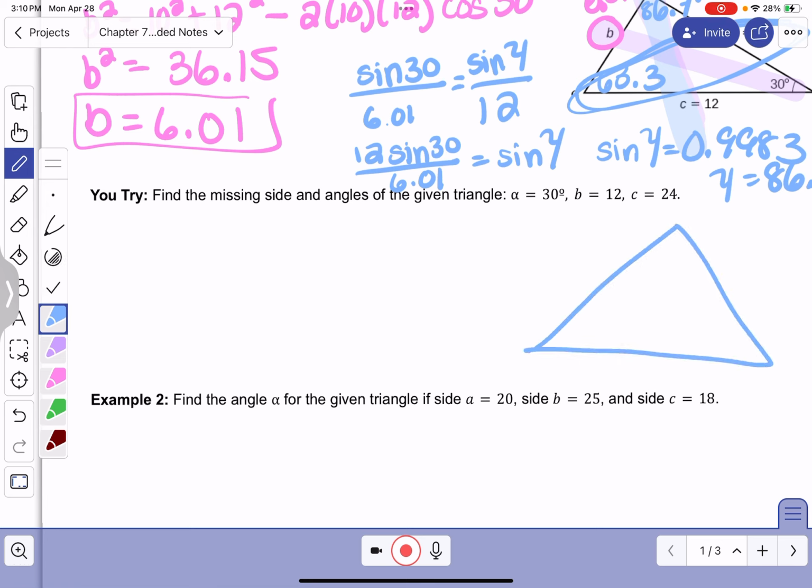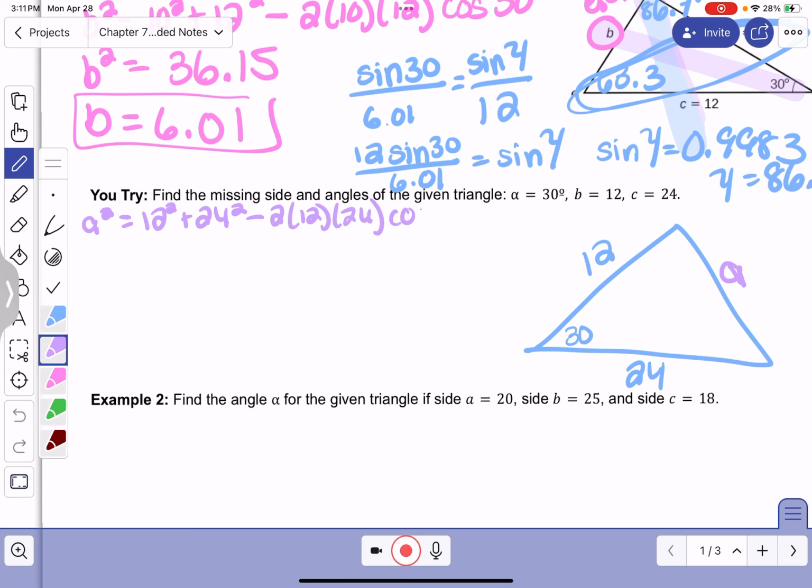So we have alpha equals 30, b equals 12, c equals 24. Find all the missing sides. So we're going to start with trying to find a. a squared equals 12 squared plus 24 squared minus 2 times 12 times 24 times cosine 30.